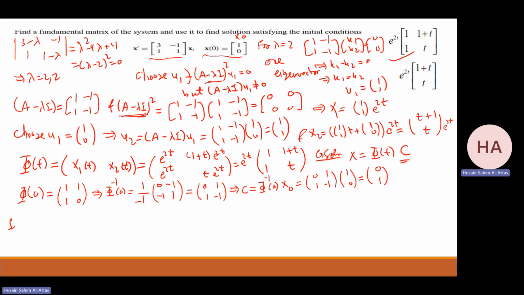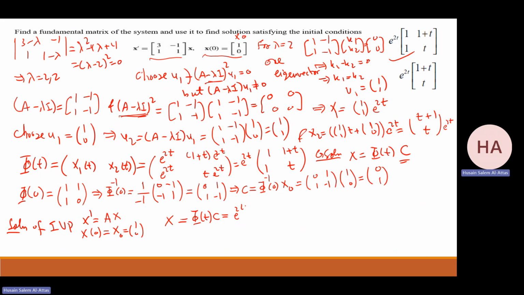So my solution of the initial value problem, which is x prime equal Ax and x at 0 equal x0, which is 1 and 0, will be x equal phi of t times c. What is my phi of t?